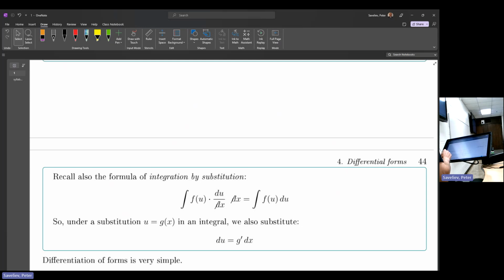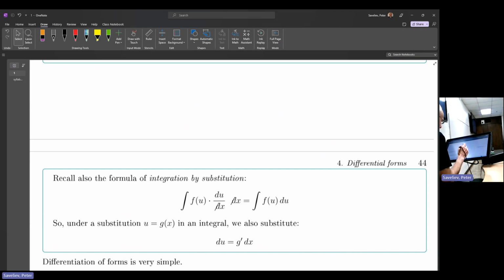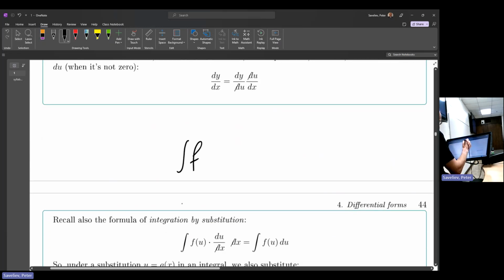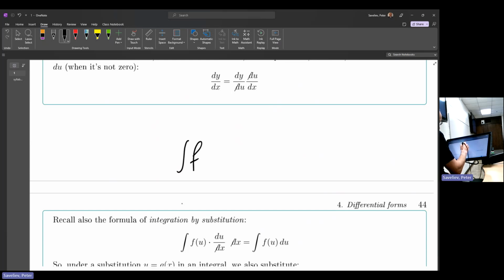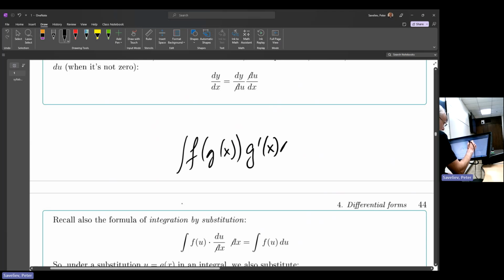Here we have a new variable, and when we substitute, we have our integral being the integral of f. It looks more complicated than the ones before, but you have probably seen it before.